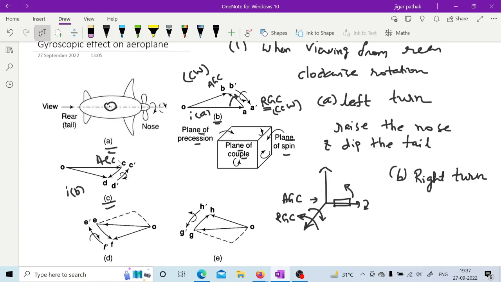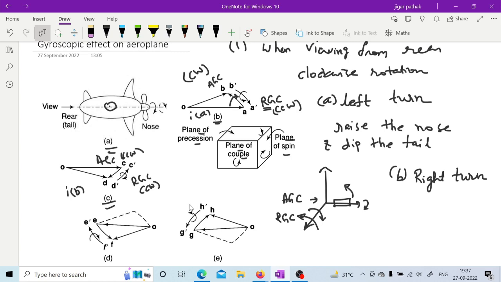Sir, the reactive gyroscopic couple is initiating the nose rise in the first case.